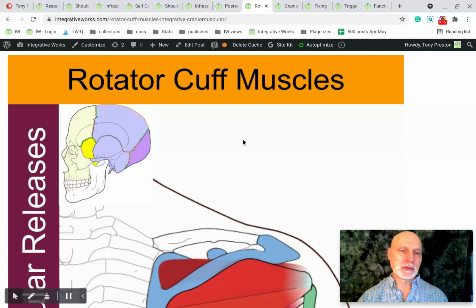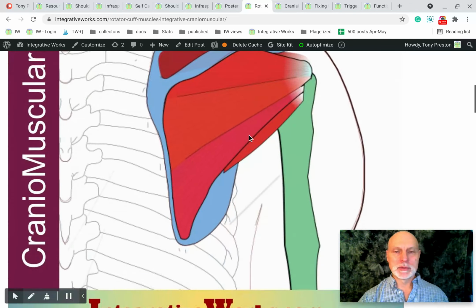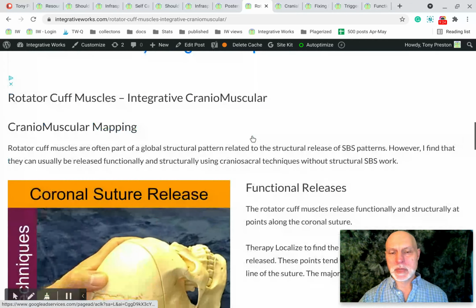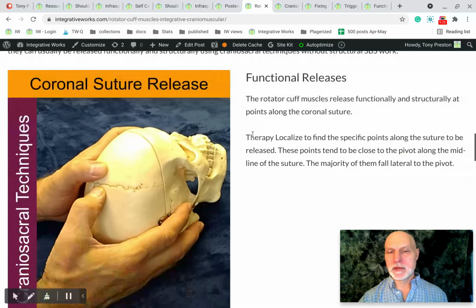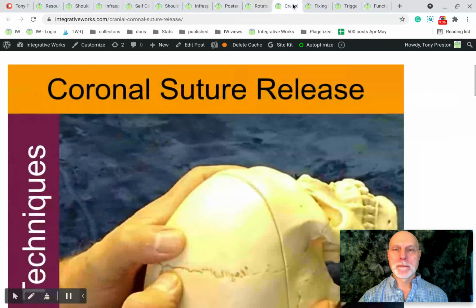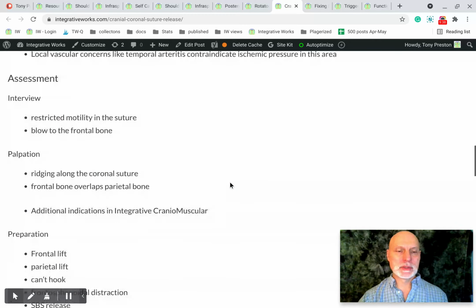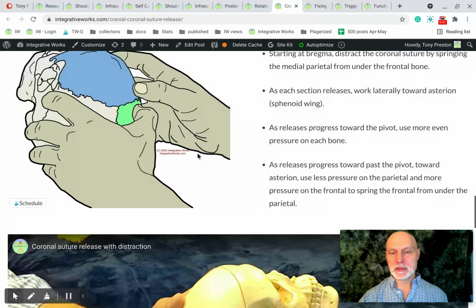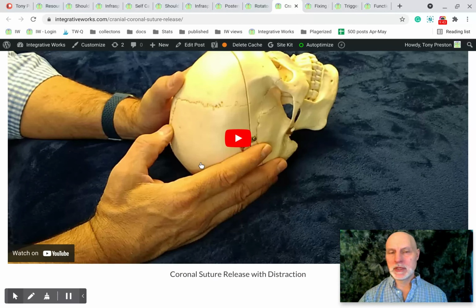Rotator cuff muscles are kind of mapped out across the coronal suture, and so this talks about where to find those and how to find those, and as well has a link to the craniosacral or biomechanical cranial technique for releasing those sutures. So here's that release, and it has with it some illustrations as well as a video on how to do coronal suture release.